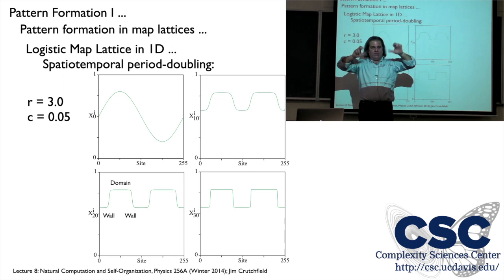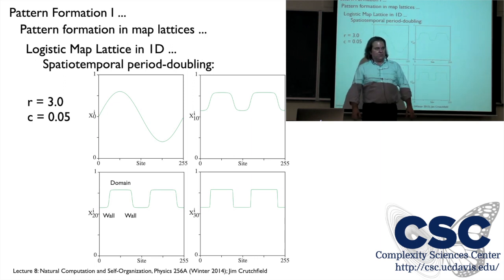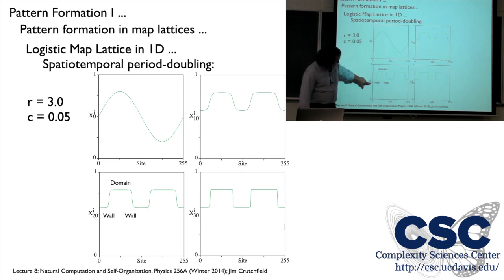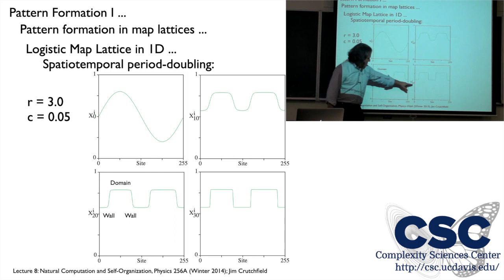So you end up with this period 2 oscillation. Then just keep iterating. Here's what we get for 20 iterations and 30 iterations. And what you see is that the region of in-phase sites gets larger and larger. They're sort of entraining their neighbors. And in a complementary way, the sites between these homogeneous regions get sharper and sharper.